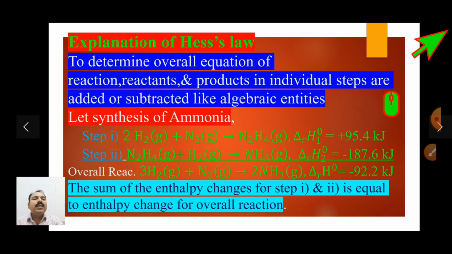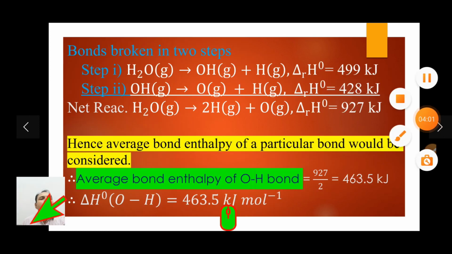Now the overall reaction is the addition of the step 1 and step 2 reactions. Firstly, the similar quantities in both reactions get cancelled, on the left side as well as the right side. This N2H4 on the right in the first step gets cancelled with N2H4 on the left in the second step. Then write the remaining part: the 2H2 in the upper step and 1 H2 in the lower step. That means there are 3 H2 plus N2 from the upper step.